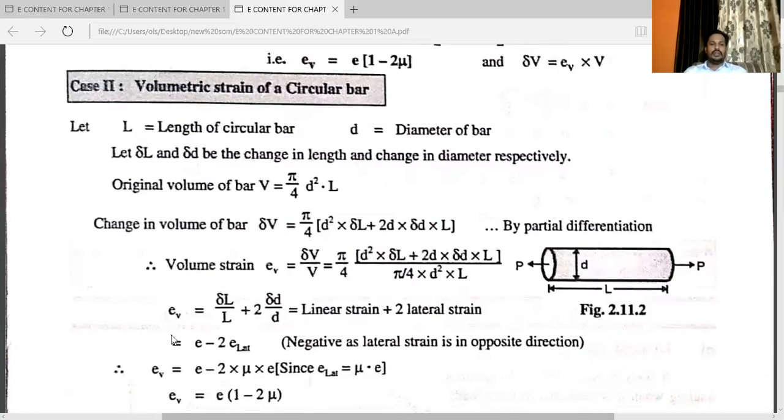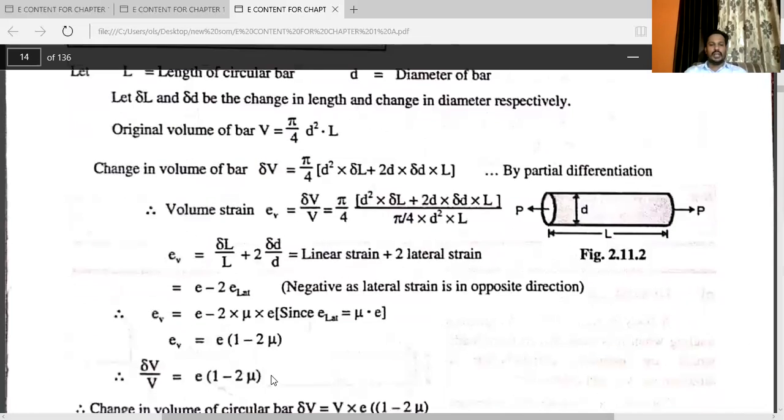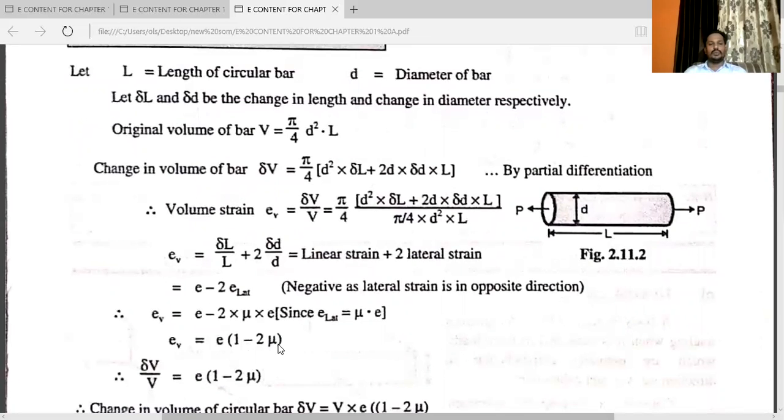So EV, means volumetric strain, is equal to E minus 2E lateral. Negative, as the lateral strain is in the opposite direction. So EV is equal to E minus 2 into mu into E. So again, EV is equal to E into 1 minus 2 mu.